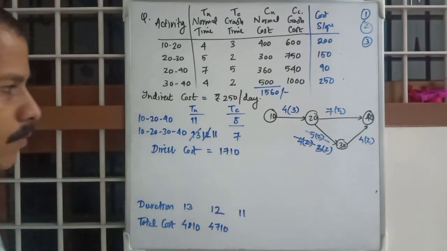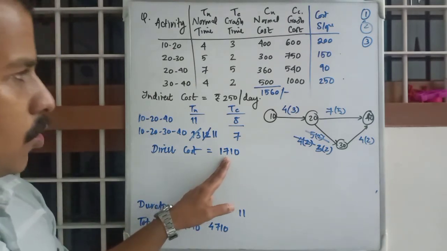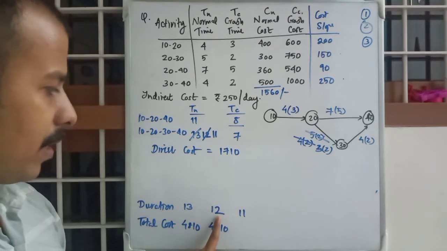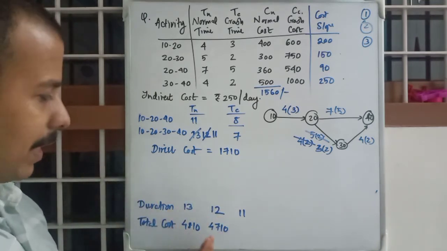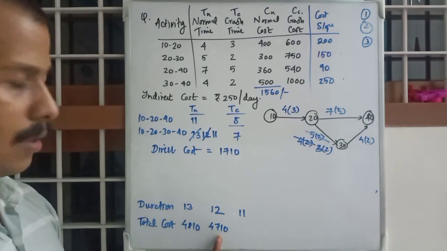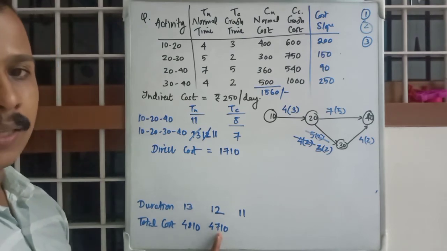$1710. Okay, do not make a mistake. Direct cost should not be taken from here. Direct cost should be taken from the previous day, the previous next bigger day, the current situation. So in this case, the direct cost was 1710.